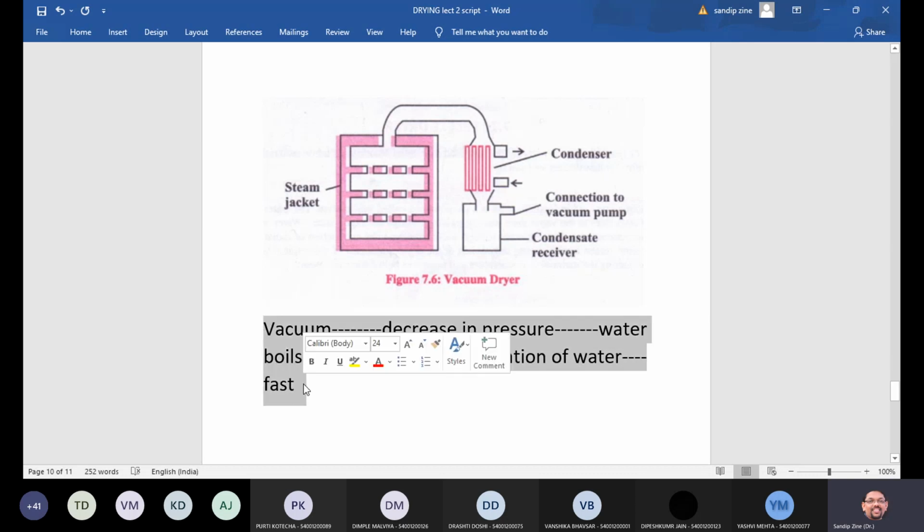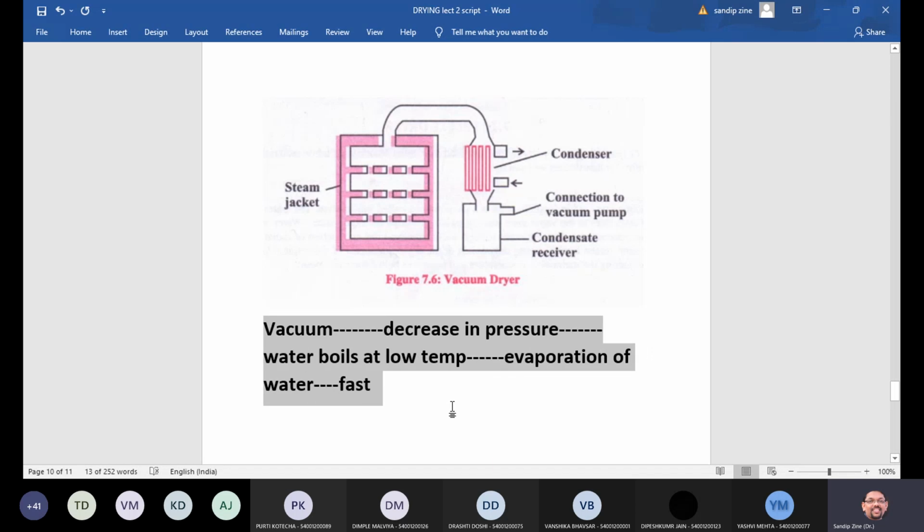So this is the principle of the vacuum dryer. You are applying vacuum, obviously pressure will get decreased, water boils at a low temperature, whatever the material we are drying, and evaporation of water gets fast.